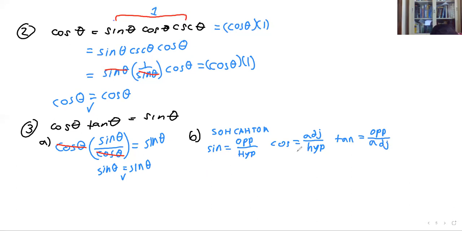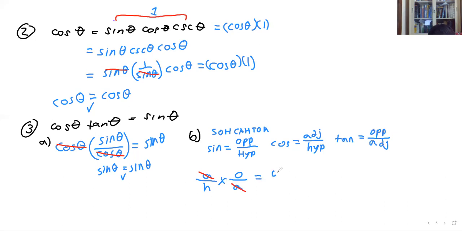So cosine, as we've seen, is adjacent over hypotenuse, and then we'll multiply that by tangent, so that's times opposite over adjacent. Here there are two adjacents, one in the numerator and one in the denominator, so we cancel that.